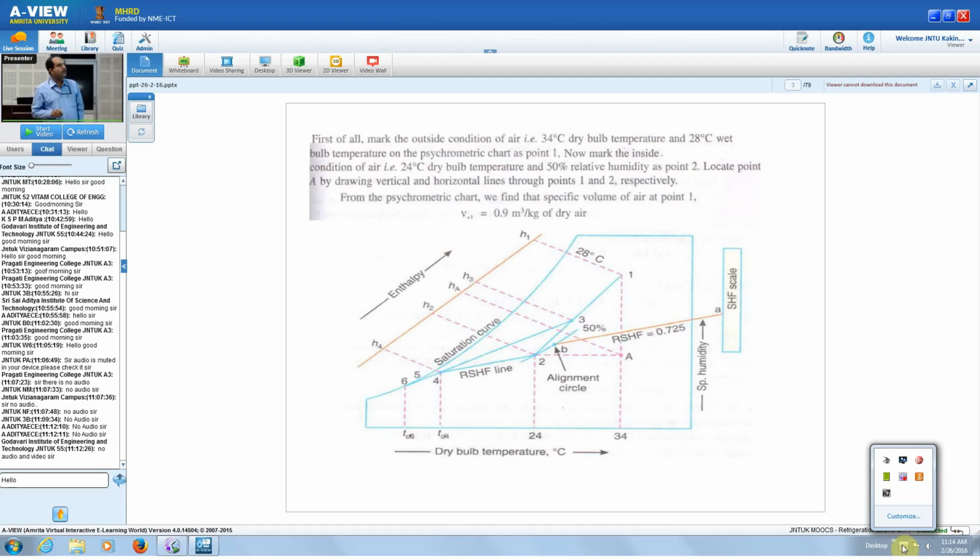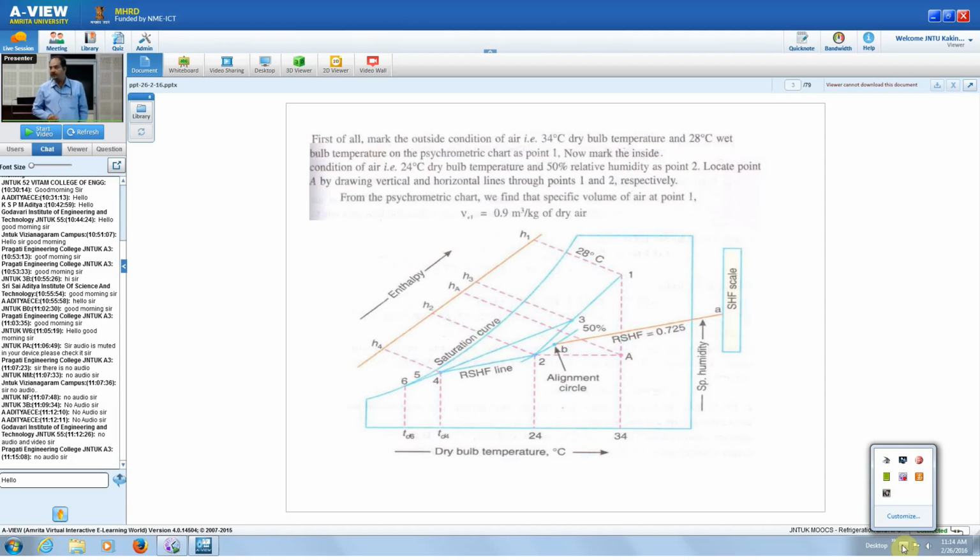Right? Now, next one is to mark the outside conditions of air, that is 24 degrees dry bulb temperature. Say this is the 24 degrees line, and extend the line vertically, exactly 90 degrees, and 50% relative humidity.